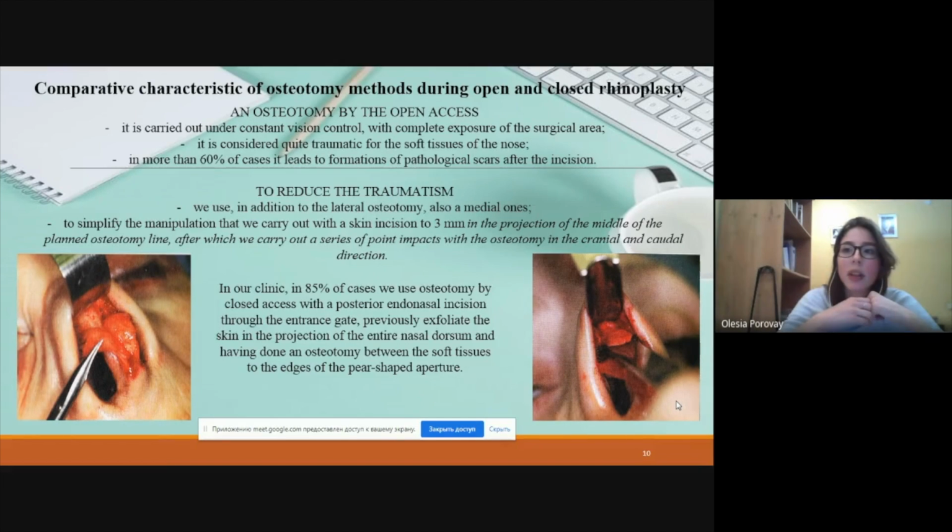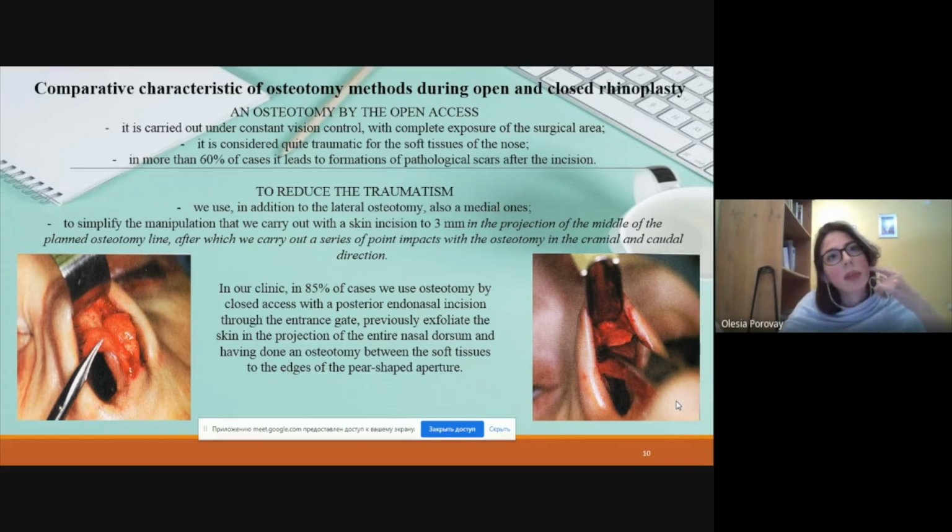The drawback of this method is that we can have some iatrogenic fractures of the nasal bones, which is a very traumatic stage of every rhinoplasty, and it's accompanied by skeletonization of the nasal bones.